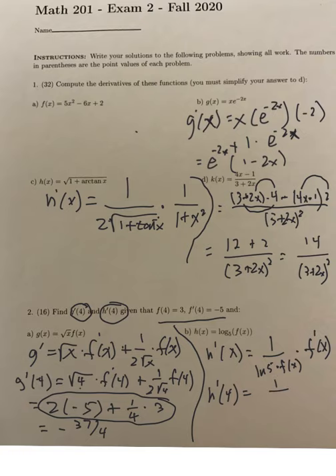And I get 1 over f of 4, which is 3, so 3 log 5, times f prime of 4, times negative 5. Okay, there's our answer. It doesn't really simplify, so we'll just leave it. We could write it as a single fraction if it makes us feel better about it. There you go, the first page.